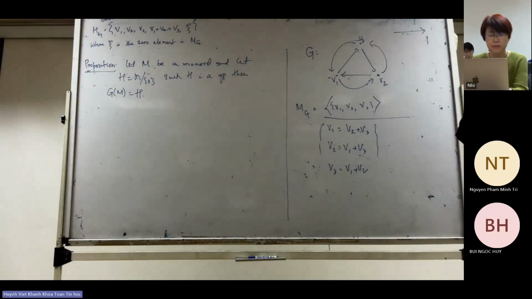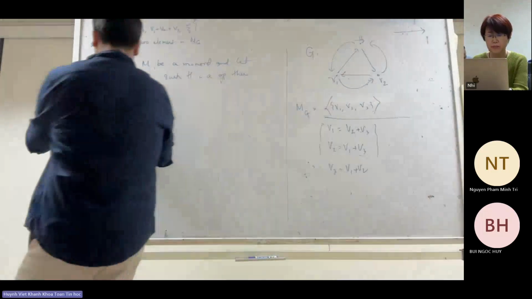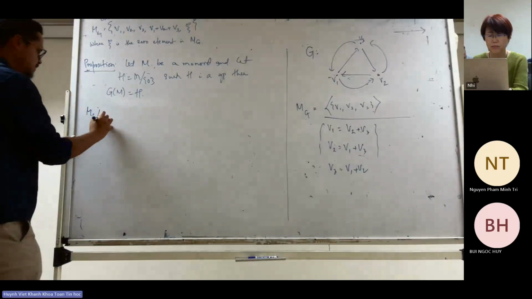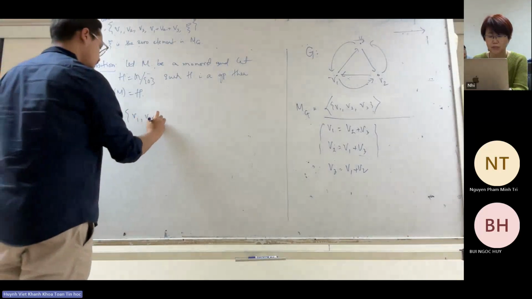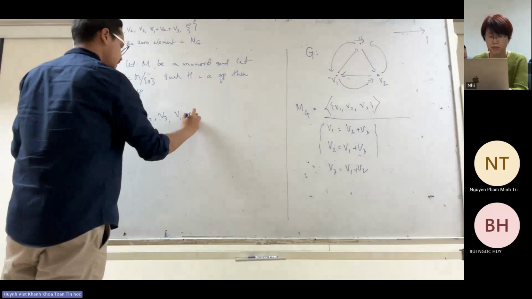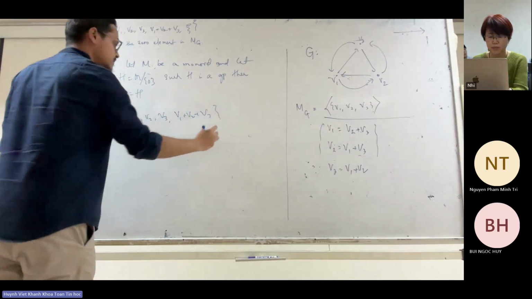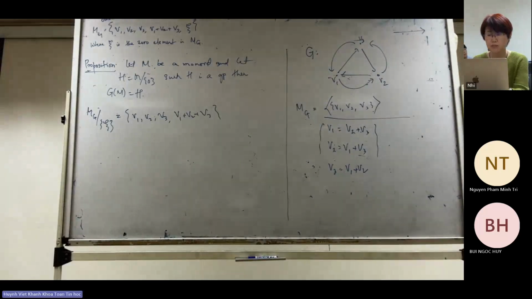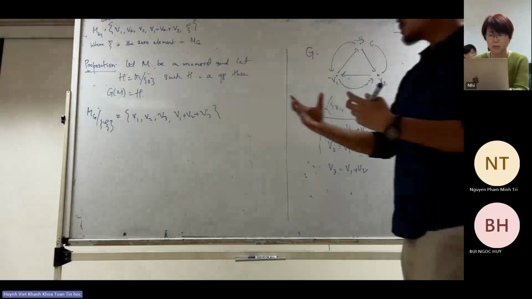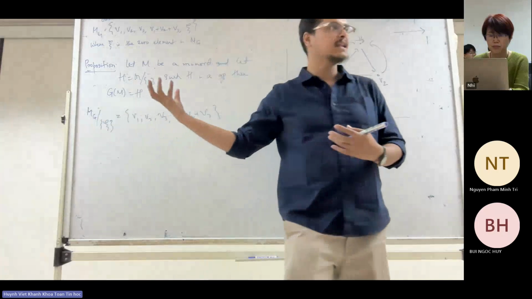So, okay, let's see. M quotiented by the relation is basically V1, V2, V3, V1 plus V2 plus V3. Is this a group? Can we try to see whether it is a group? What should be the identity element here?